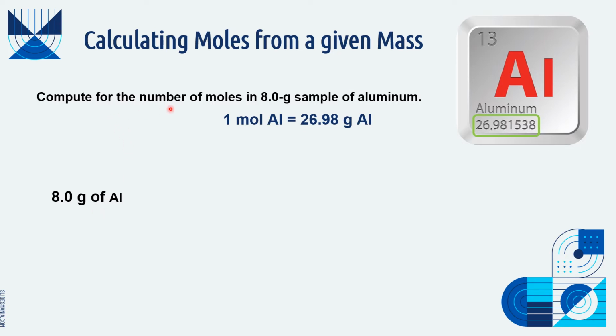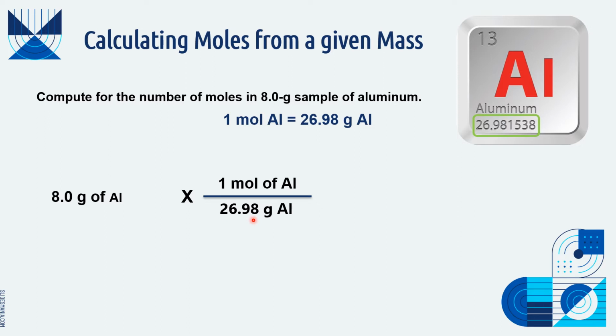So take 8.0 gram of aluminum and multiply it by 1 mole of aluminum over 26.98 gram of aluminum, which comes from the atomic mass of aluminum. So 8.0 gram of aluminum times 1 divided by 26.98.